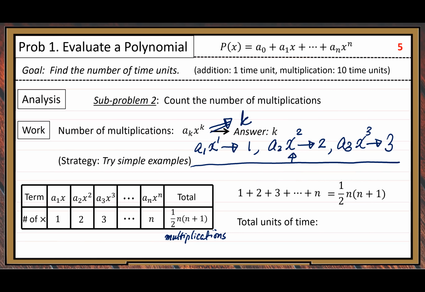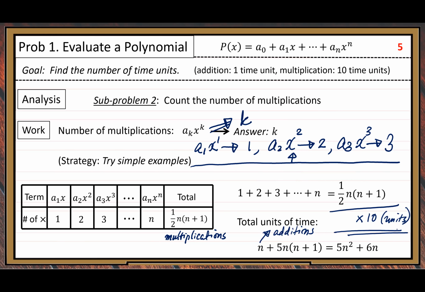The total units of time: we get n units from additions. For the number of multiplications, we need to multiply by 10 units, because we know each multiplication takes 10 units of time based on our assumption.